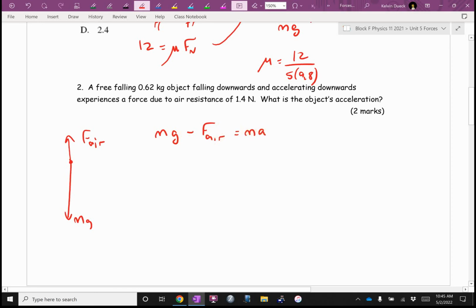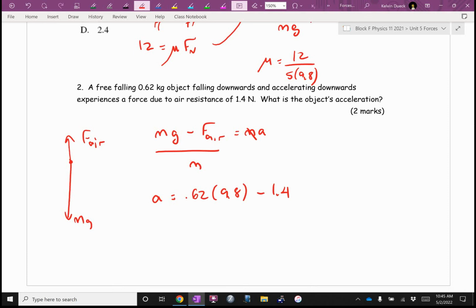From this equation, I can either give you the acceleration and say find F air, or I can give you F air and say find the acceleration. It looks like I've done the second version, so it's going to be divide by m. It's going to be 0.62 times 9.8 minus 1.4. Do I need to multiply that 1.4 times 9.8?